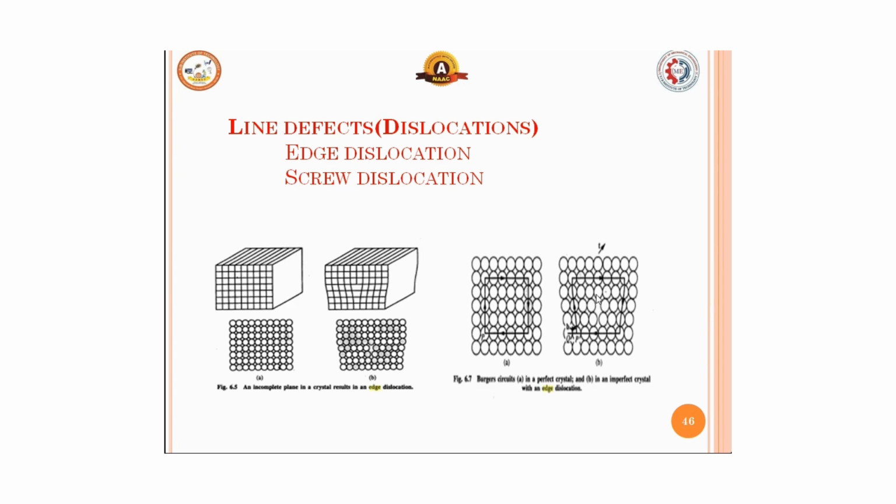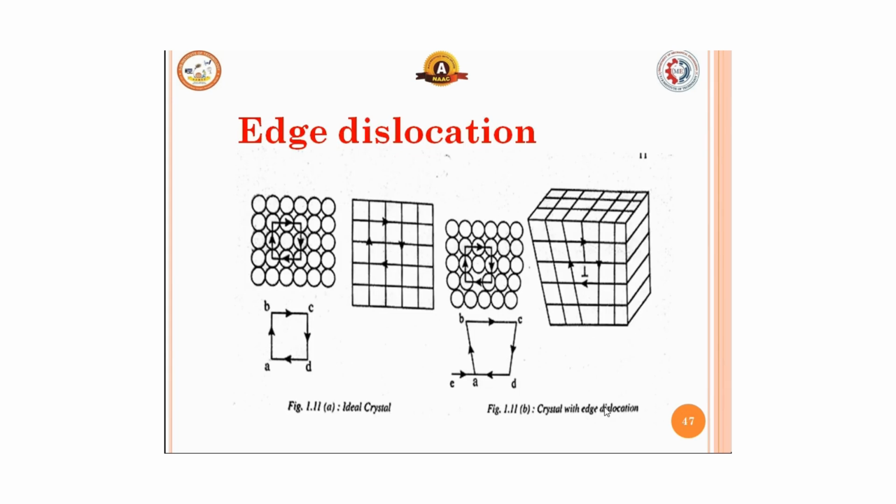You can see there won't be atoms with respect to one edge. Here it shows very clearly the edge dislocation. This is the ideal crystal with the edge dislocation. You can see up to a certain extent atoms will be there, further there won't be any atoms.